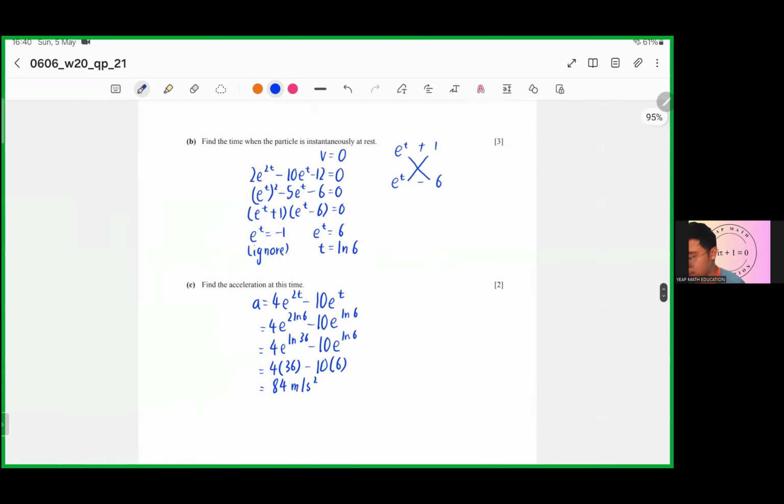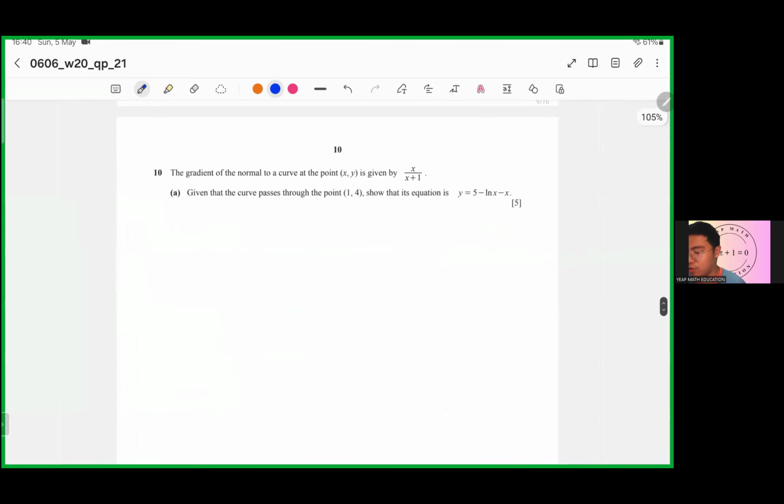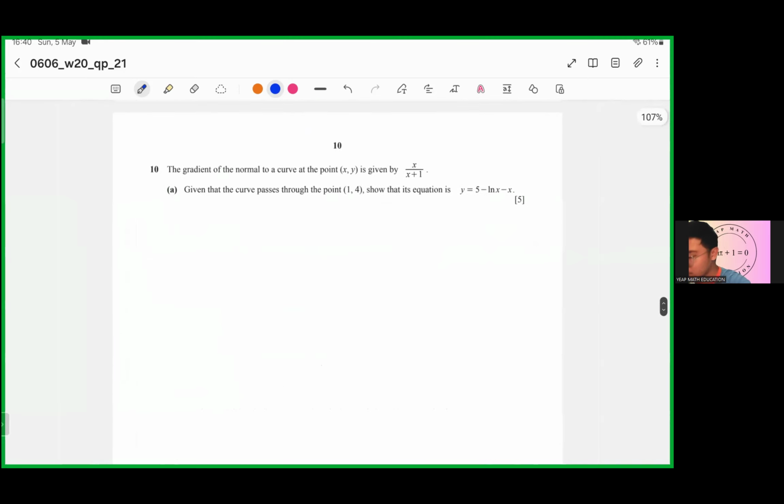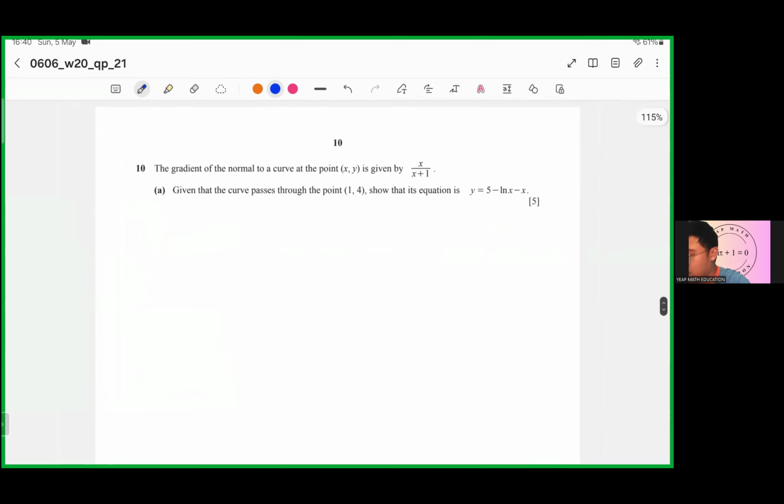Now we look at question 10. The gradient of the normal to the curve at the point (x, y) is given by x over x plus 1. Part A, given that the curve passes through the point (1, 4), show that the equation is y equals 5 minus ln x minus x.